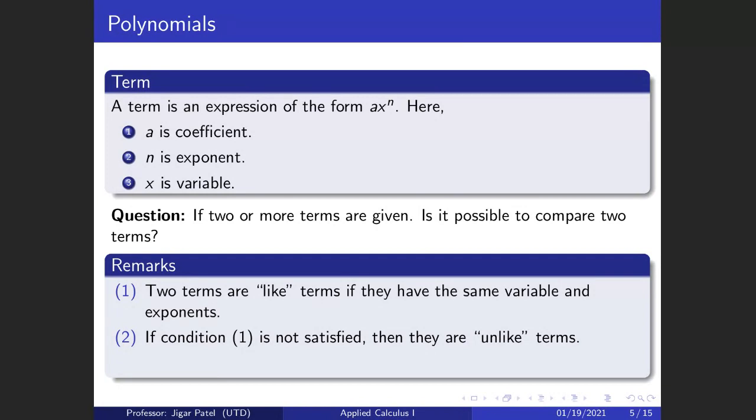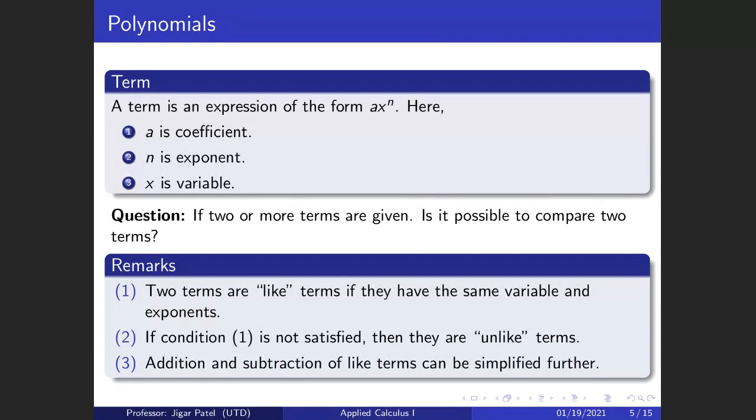Now, if you have two like terms, 2x cube and 5x cube, and I ask you to add them, 2x cube plus 5x cube, you add them exactly like how you added 2 and 5. 2 plus 5 is 7. Likewise, 2x cube plus 5x cube is 7x cube. So two like terms can be simplified further in terms of their addition and subtraction.